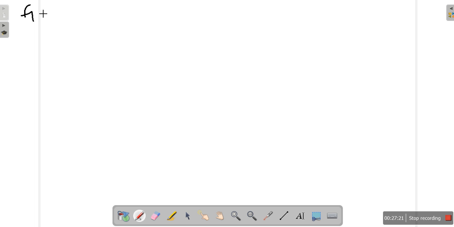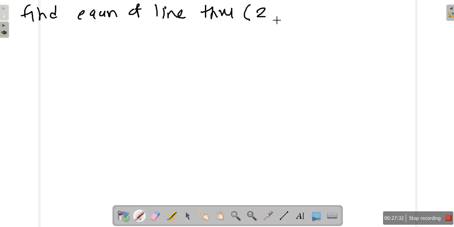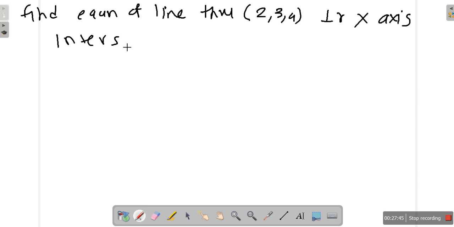Find the equation of line which is passing through (2, 3, 4) and which is perpendicular to x-axis and intersecting the line x = y = z.